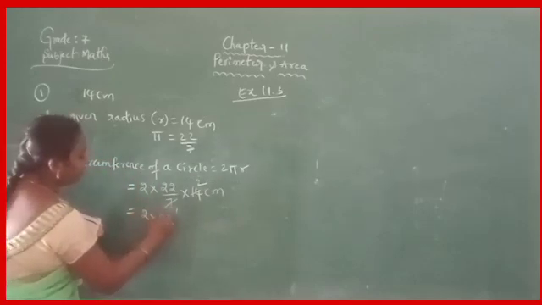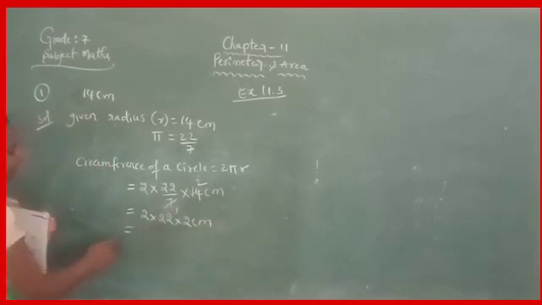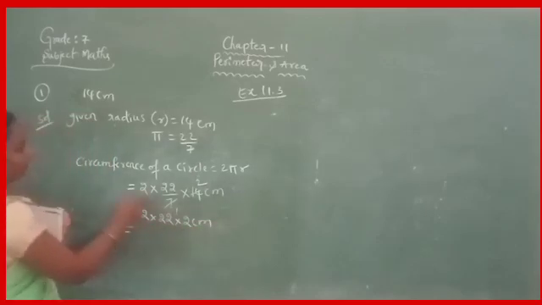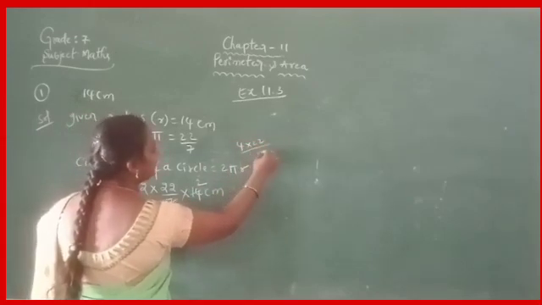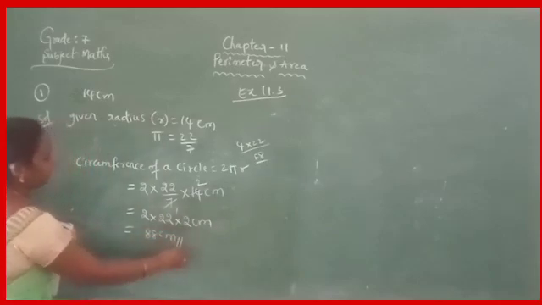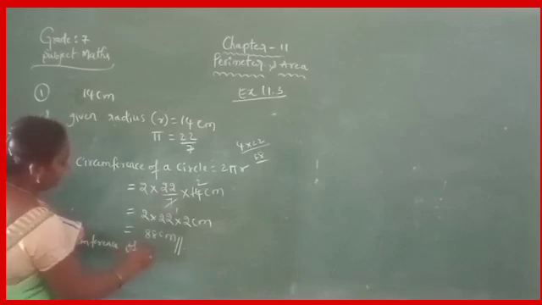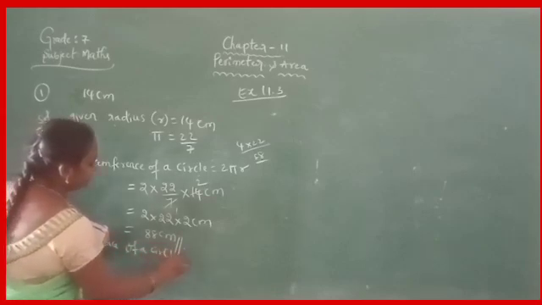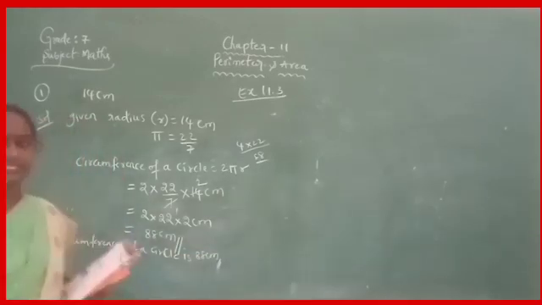Now 2 into 22 into 2 centimeter. Now multiply 2 twos 4. 4 into 22: 2 fours 8, 2 fours 8. It is equal to 88 centimeters. Now tell me, what is the circumference of the circle here? The circumference of the circle is 88 centimeters. Is it clear, children?